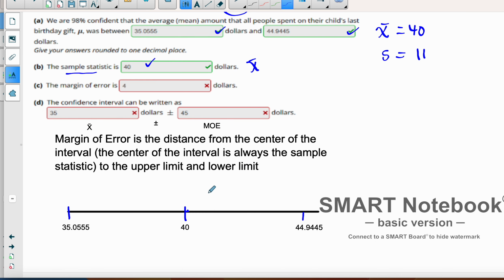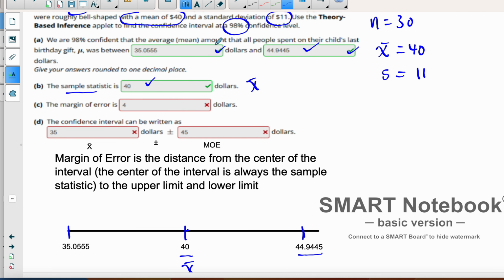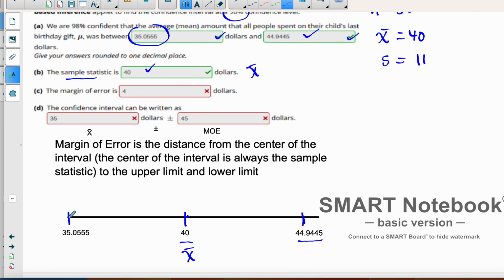If you need to draw a line, sort of a number line, you're always going to put your sample statistic in the center, x bar. Here's my upper limit right here, 44.944. Here's my lower limit here. My margin of error just measures the distance from the center to the upper limit, the center to the bottom limit.